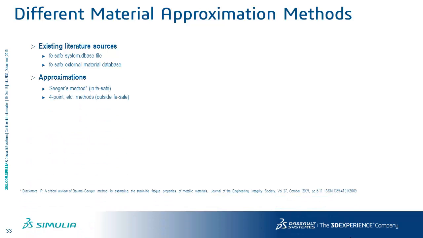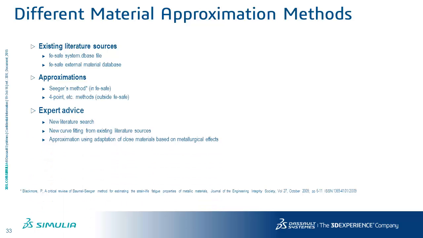Second, you can use the approximation, in which you can use either a Seeger approximation method, which is available inside FESafe, or you can use a 4-point method, which is available outside FESafe in the literature. You can also discuss with your metallurgist to see if he or she can identify the correct material properties based upon the ultimate tensile strength or the elastic modulus for that particular material.